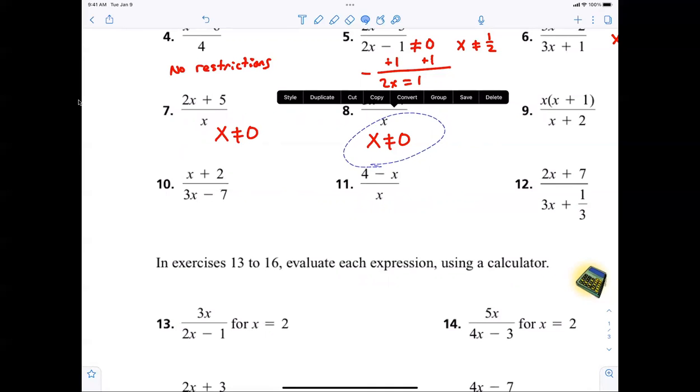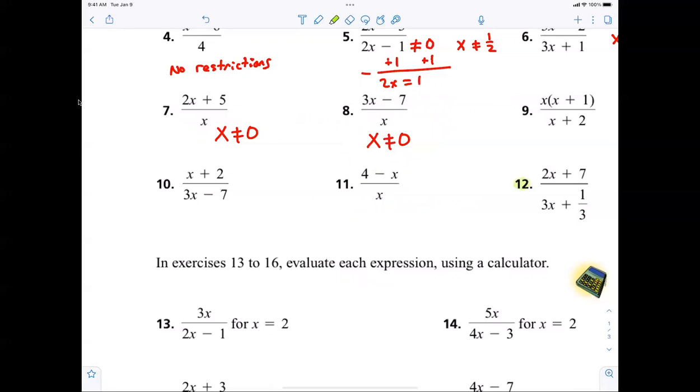Everybody write down the answer to 9, 10, 11, and I want everybody to try number 12. I'll give you 2 minutes. Number 12 is the only one that's hard. The others should be no problems. If you can get 9, 10, 11, and 12, then you know what you're doing. Like I said, 12 is the hard one.